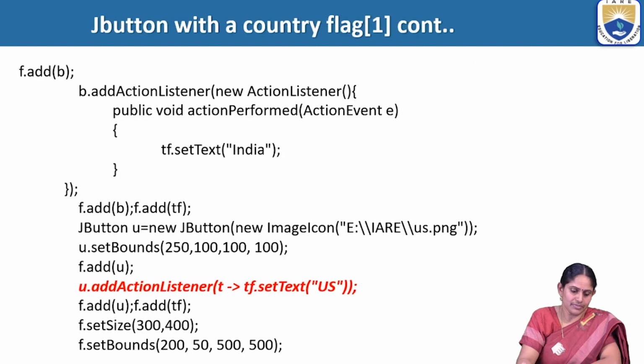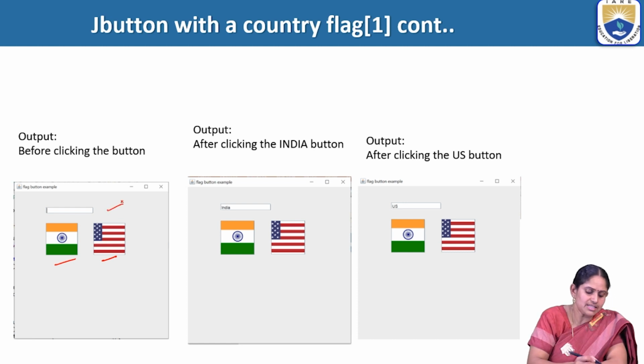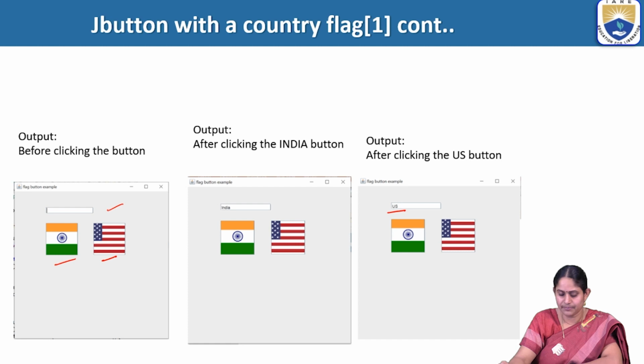So here we have two buttons with two countries, India and USA. When we click on the India flag, the text field has to be set to India, and if we press the US button, then it has to write US onto the text field. So this is the question here.